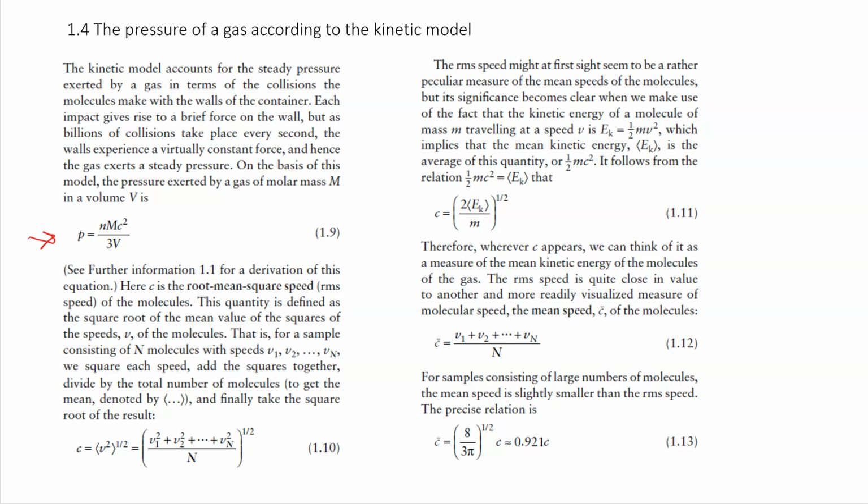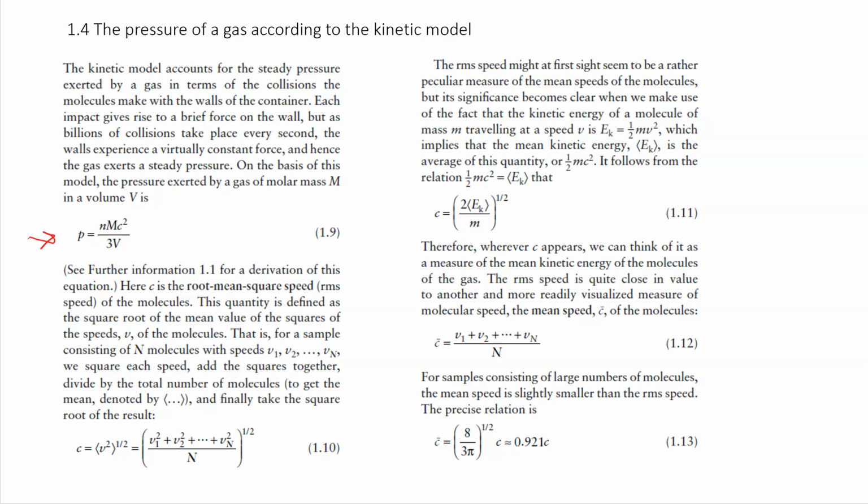Pressure equals the number of moles, N, times the molar mass, m, times c squared, where c is the root mean squared speed, we'll get into that, divided by 3 times the volume V.